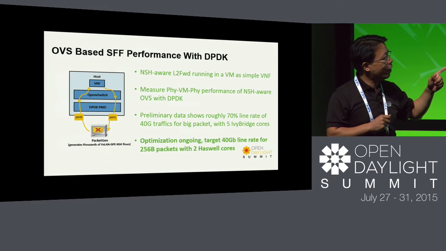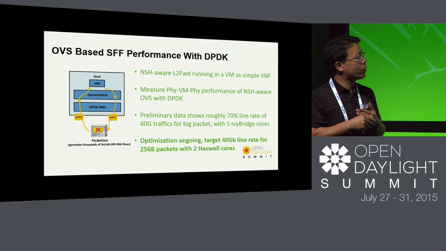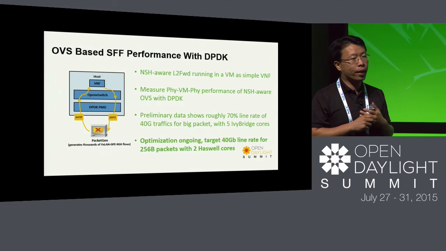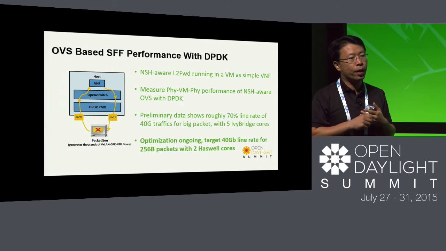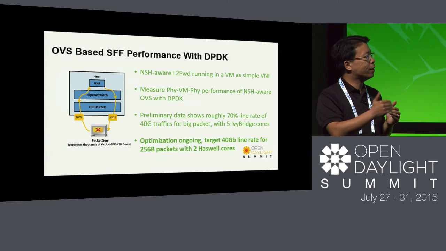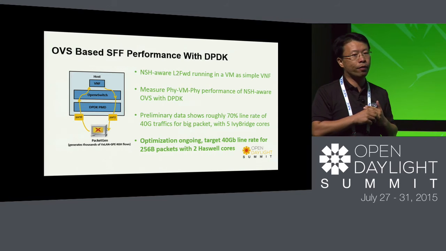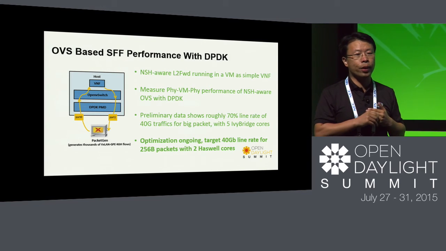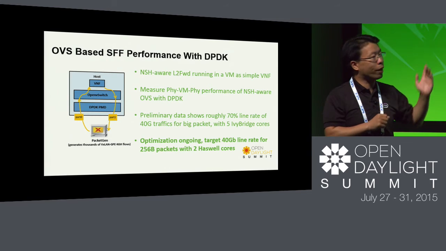When this traffic is sent to a host, this host also runs Open vSwitch with the DPDK-based poll mode driver. A bunch of OpenFlow rules have been programmed in Open vSwitch. They basically parse the VXLAN-GP and NSH headers, and based on the service path information and the service index information, steer this traffic from Open vSwitch to a VNF.